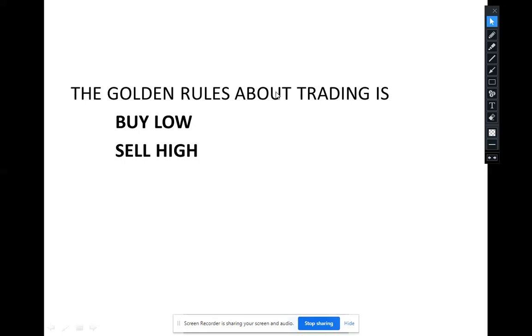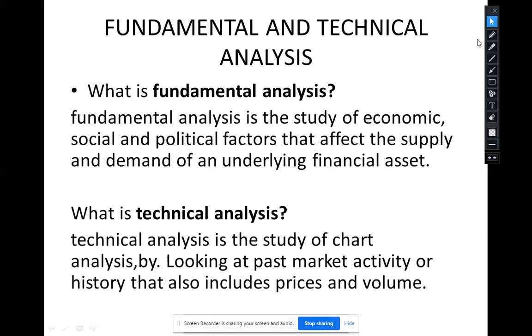So let's begin. Fundamental and technical analysis. When we talk about fundamental analysis, it is the study of economic, social, and political factors that affect the supply and demand of an underlying financial asset.